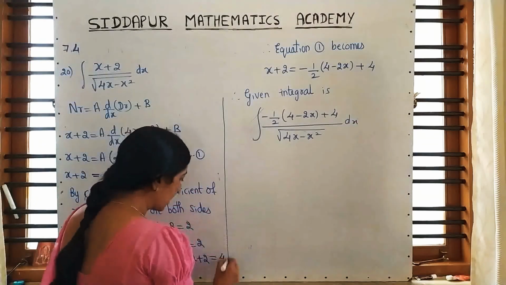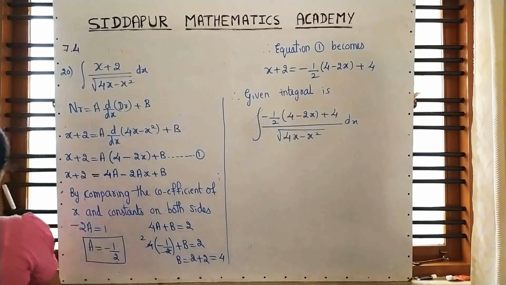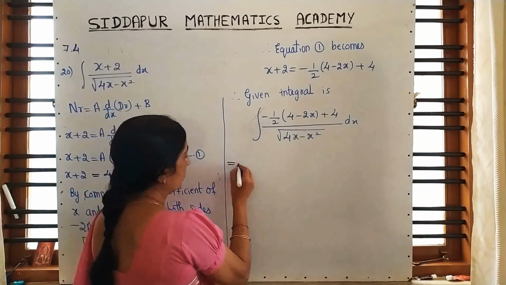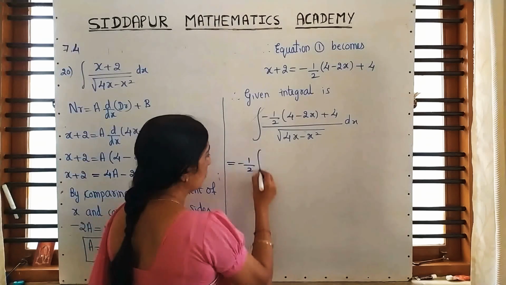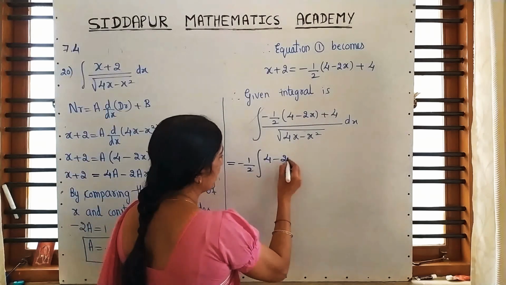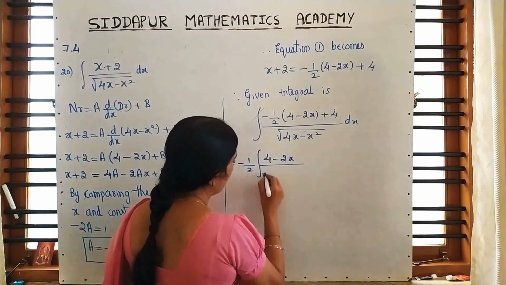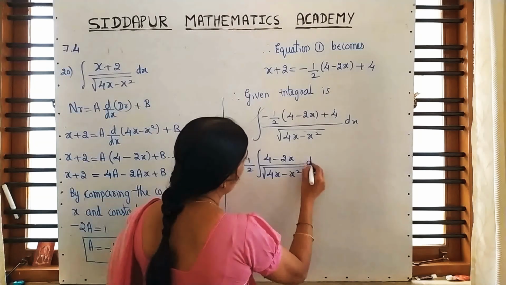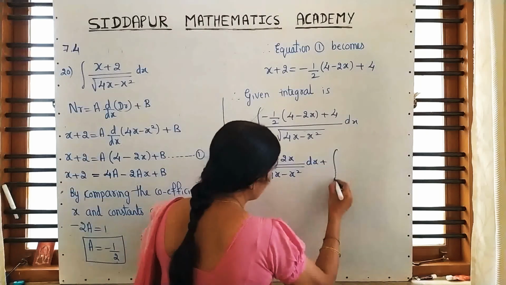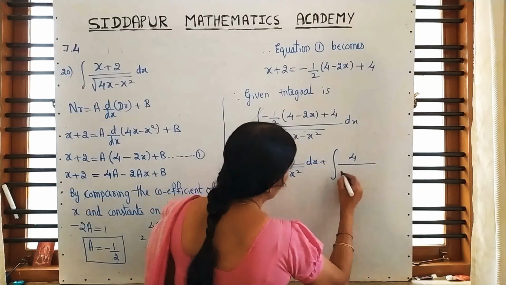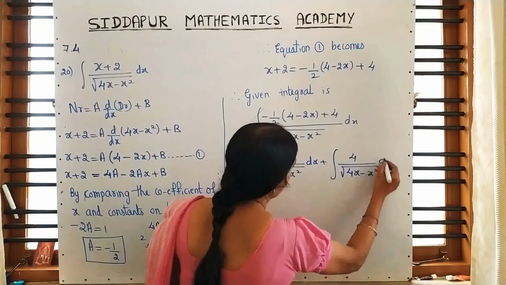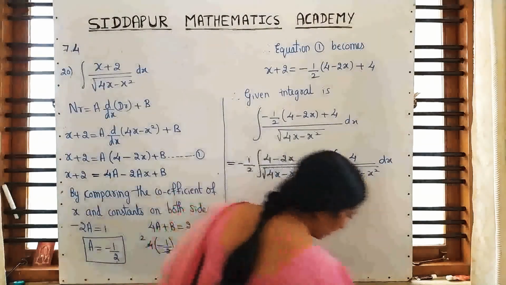Now I am writing the denominator separately. Already you are familiar with that. Minus 1 by 2, 4 minus 2x divided by root of 4x minus x square into dx, plus integration 4 upon root of 4x minus x square into dx.